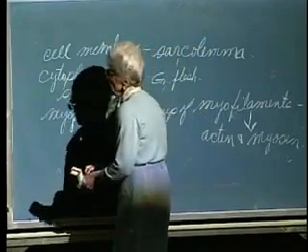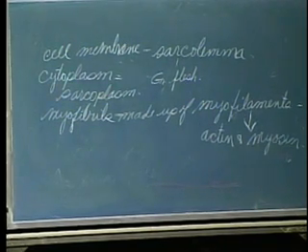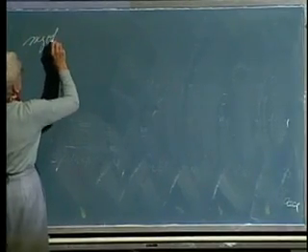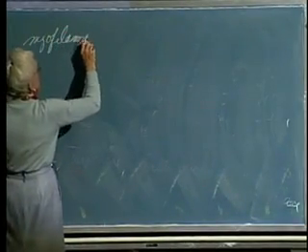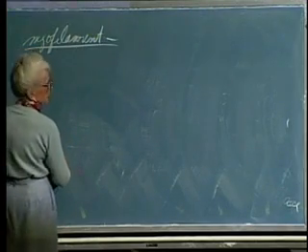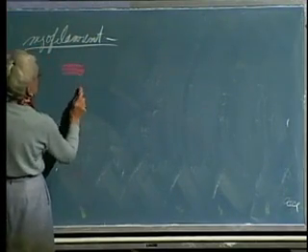So let's show how these are aligned to give us our striations in our skeletal muscle. So we'll have one of our myofilaments to see what it's made of. We're going to have myosin band.